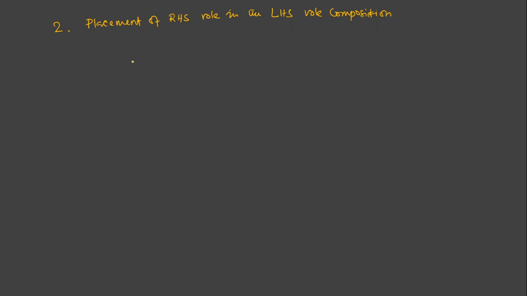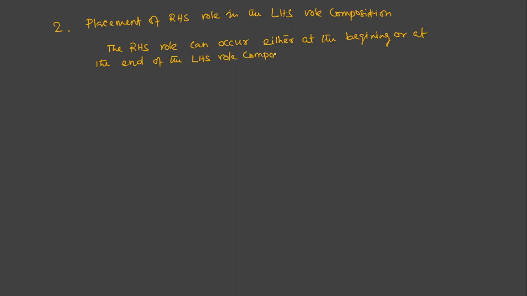The restriction is that the RHS role can occur either at the beginning or at the end of the role composition in the left hand side, the LHS role composition, but not at both the ends.